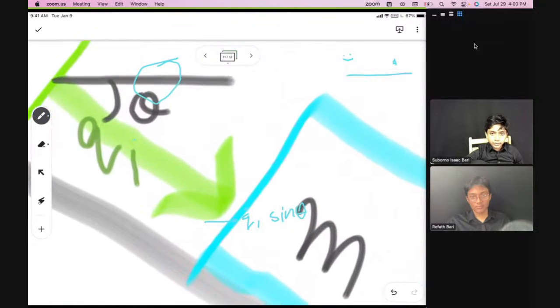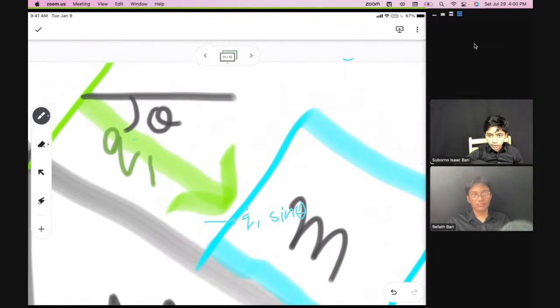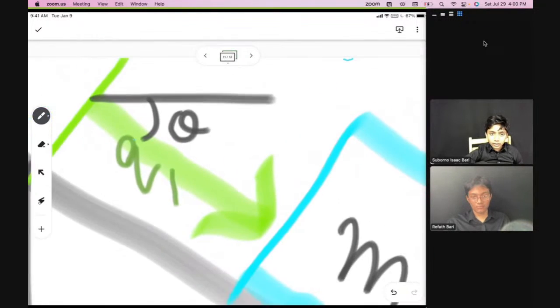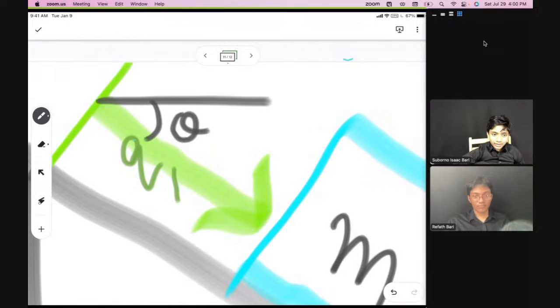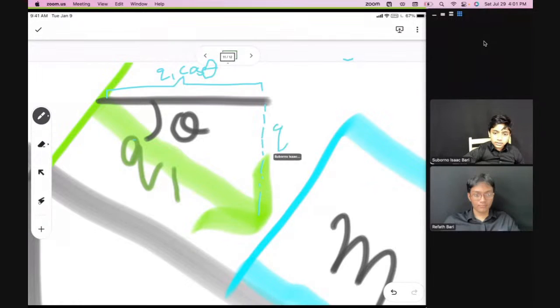Thank you, little Refi boy, for zooming in for me. So let's erase everything else that I have. Now, due to basic trigonometric rules, we know that this length, by definition, has to be Q1 cosine theta. And this one, since it's the opposite side to theta, has to be Q1 sine theta.